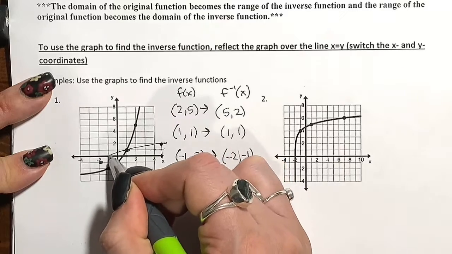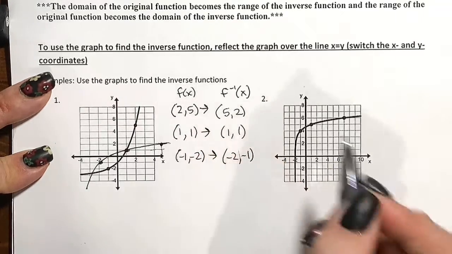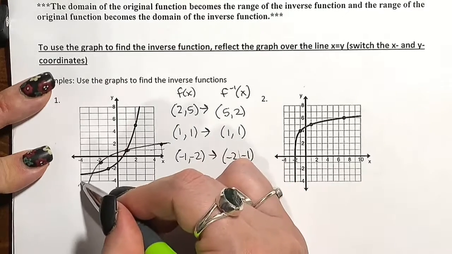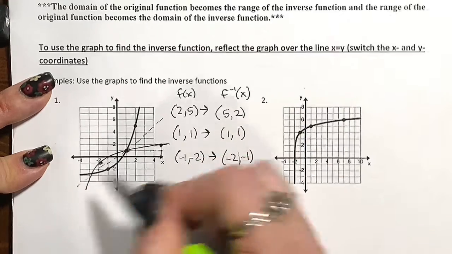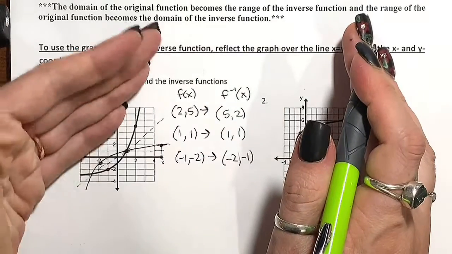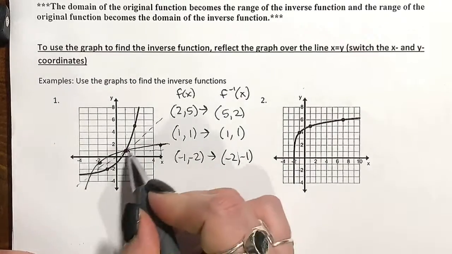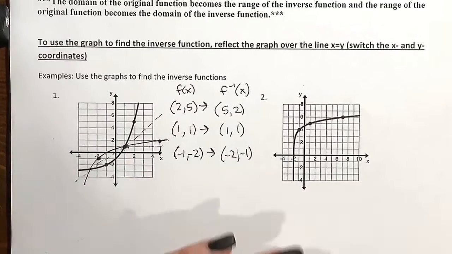We're going to try and connect these points so that it looks right. And remember, these should be a mirror image of each other. They should be reflecting over this line y equals x. So think of this shape as flipping over. When you do it on the computer though, it's a little bit easier because the computer will draw a nice pretty graph for you. You don't have to do it by hand.